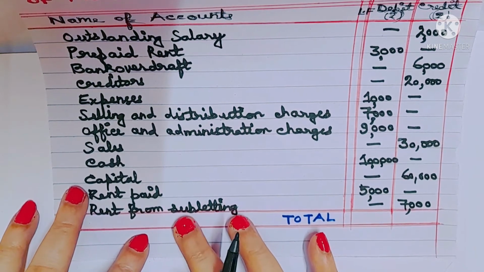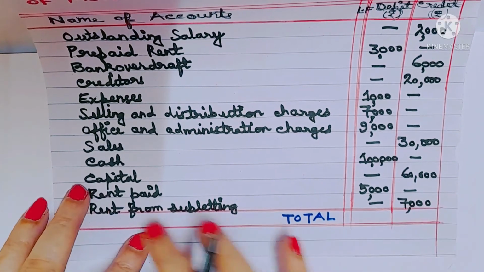That is the reason rent from subletting will be credited, because rent from subletting is an income.